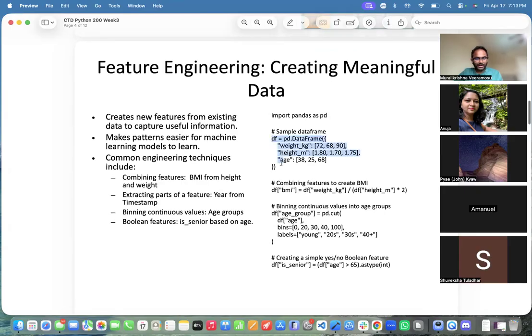Let's say you have a data frame which has weight in kilograms, height in meters, and age, and you want to create one more feature within this data frame, which is called BMI. Then you calculate BMI based on the weight feature and height feature. So this is an example of creating a new feature, right?